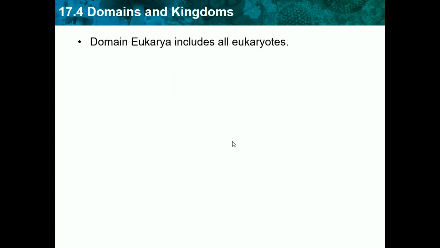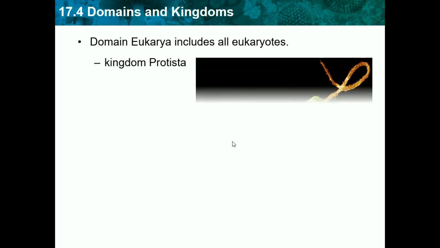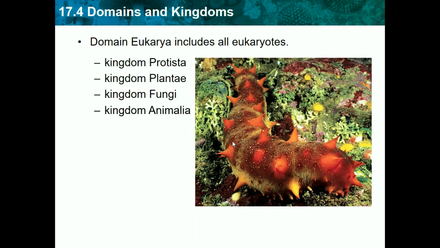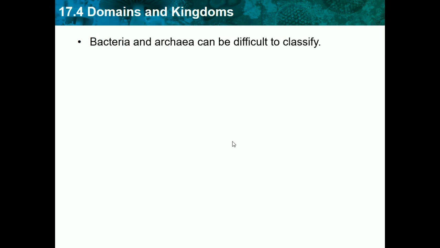That's what Archaea is, and Eukarya includes all eukaryotes, and eukaryotes are, as we know, complicated cells like us. Kingdom Protista, Kingdom Plantae, Kingdom Fungi, Kingdom Animalia. These are all the kingdoms in the eukaryote domain. And as we know, domain is the highest, the broadest of the 7 classifications.